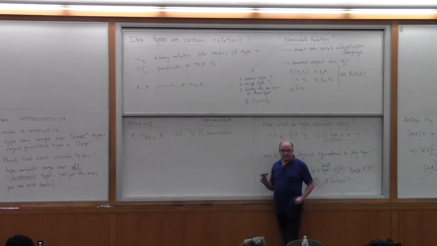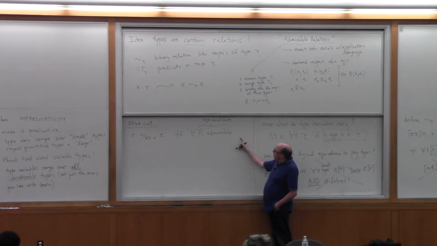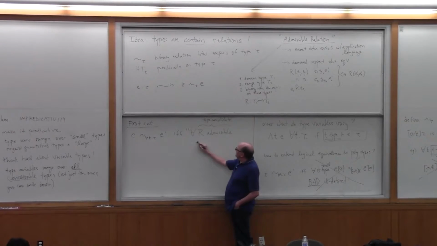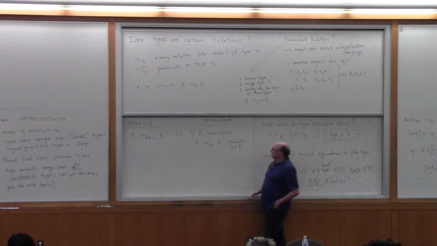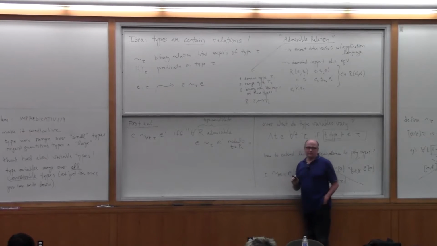That's what's important, okay? So we'll say for every R admissible, what we're going to say is E is related at tau, or you can feel that there's something going wrong here, okay, T, and I'll write it modulo T is R, okay, and I'll put close quotes around here.